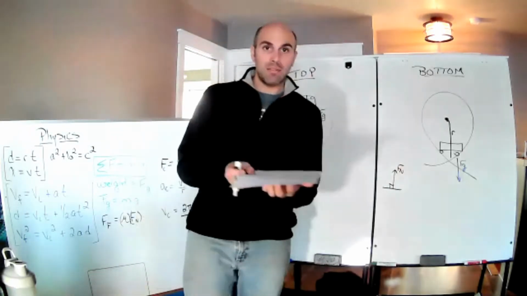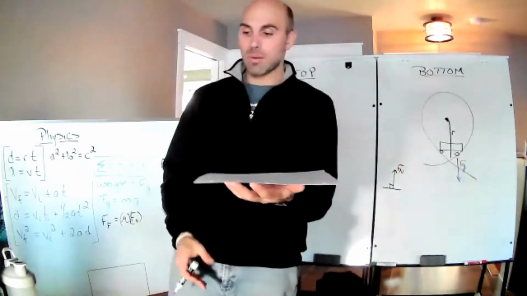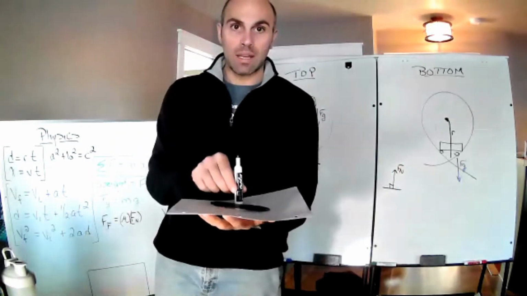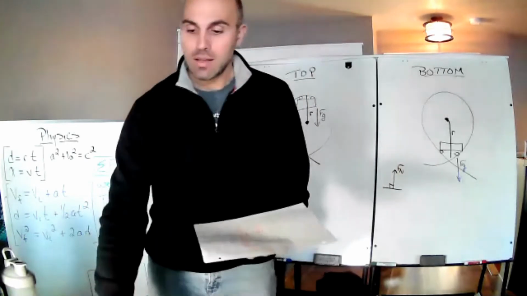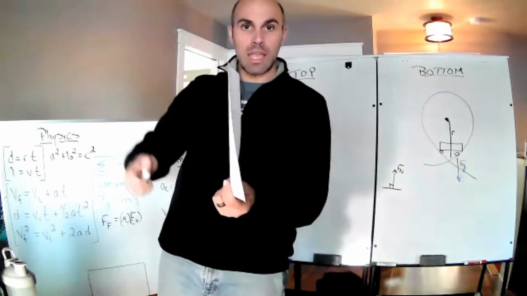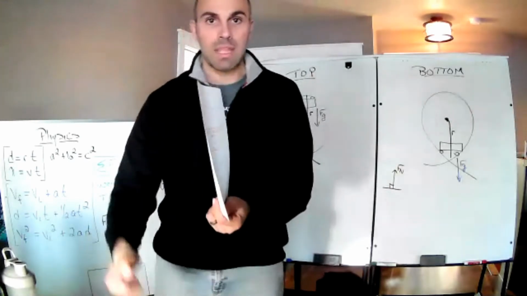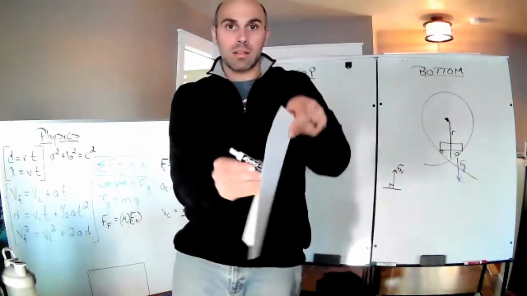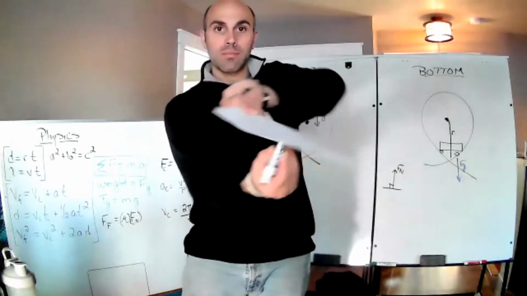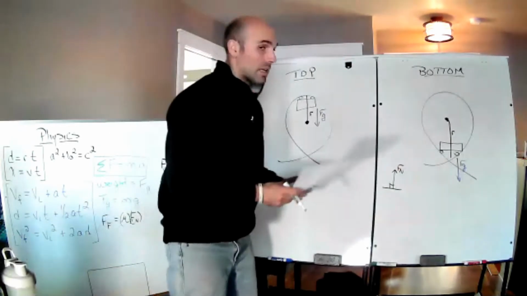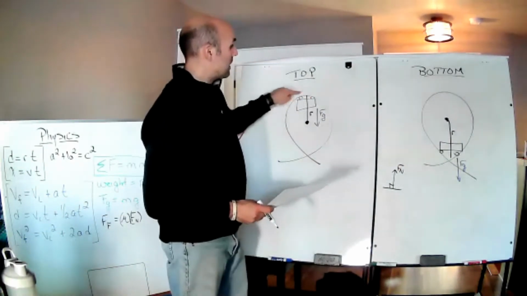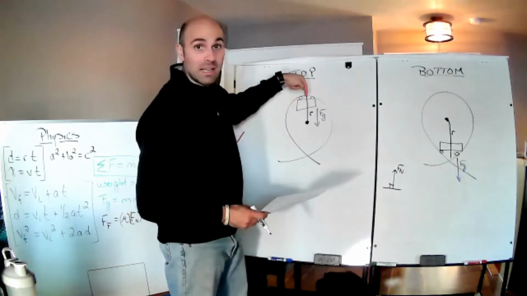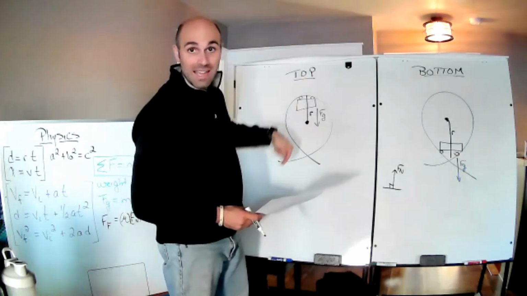For example, if this is my surface, this piece of paper, and I put a pen on it, the normal force will be pointing up. If this is my surface now, and I hold a pen against it, the normal force is pointing out. The normal force is always pointing perpendicular to that surface. So notice, if the surface is up here, the normal force will be pointing down. It's pushing against the object.